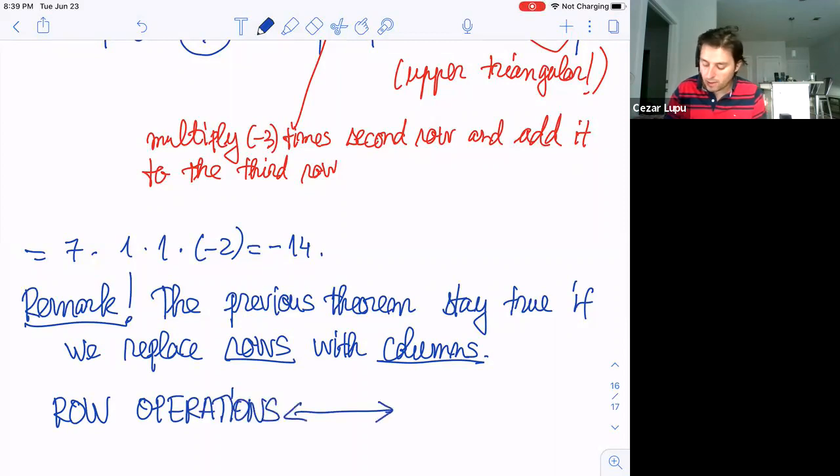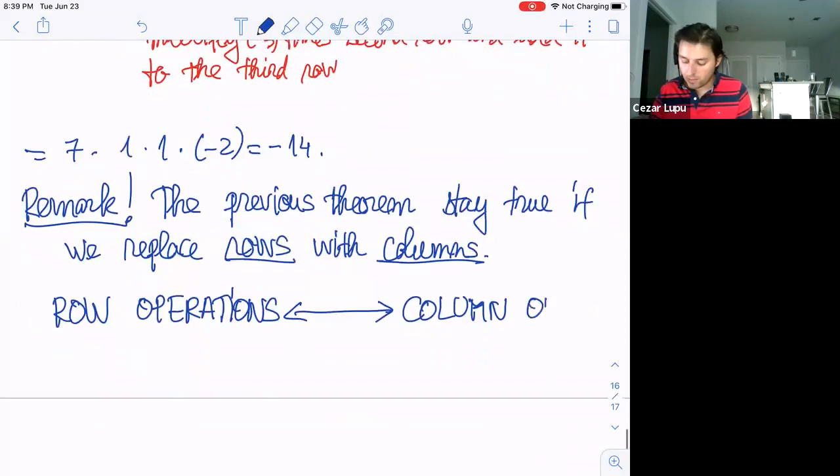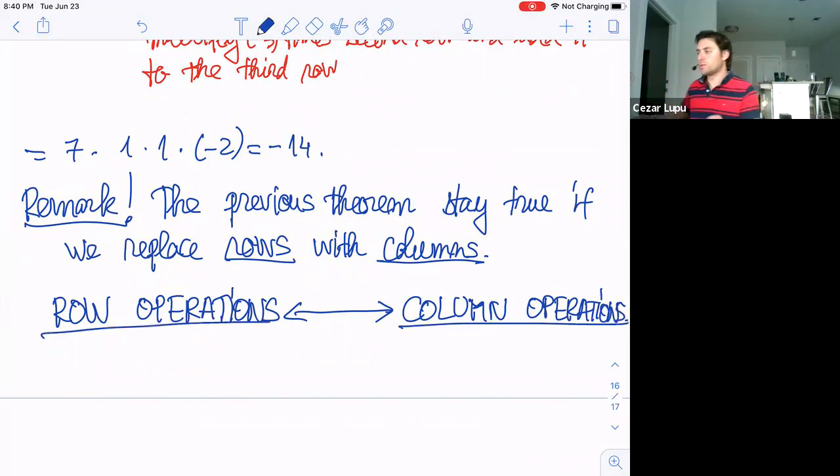By the way, I want to stress this. This will be equivalent only when you want to compute the determinant of the matrix. I want to make myself very clear: column operations. So it doesn't matter which one you want to perform. If you don't like the rows, you can do the same thing with columns. The value of the determinant of the matrix will not change.